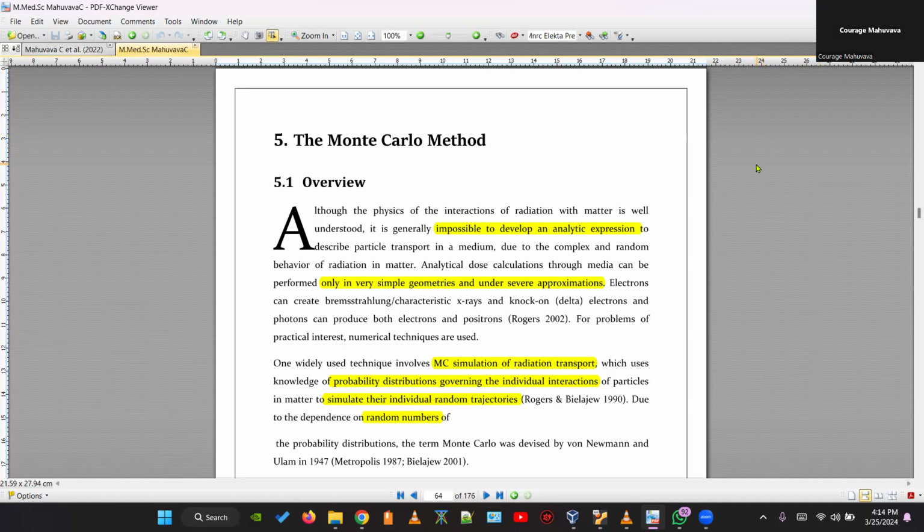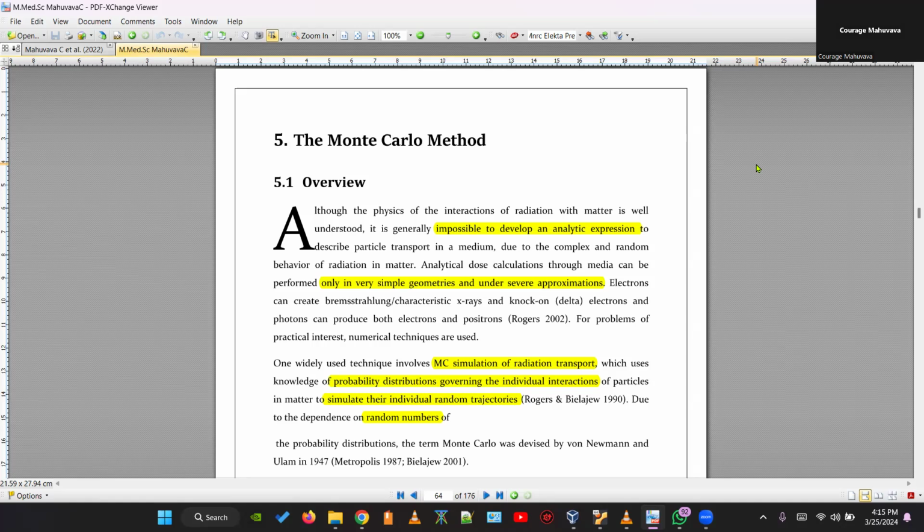Amongst the methods that are used to calculate the dose distribution in the patient, or the interactions of radiation in the treatment unit itself, Monte Carlo is one of the most accurate, if not the most accurate. And it's been used for many years now.